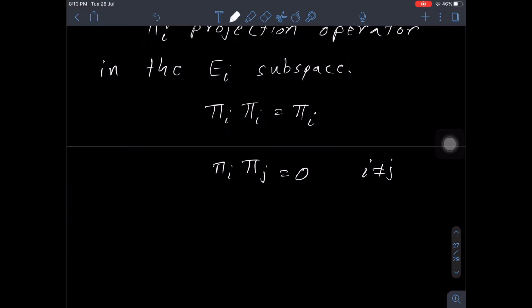And there's one more assumption, that these subspaces EI are orthogonal to each other.